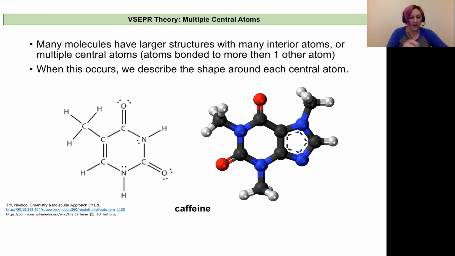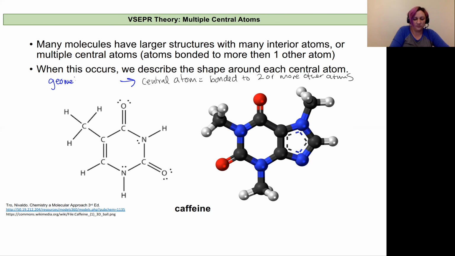When I say central atom, that really means bonded to two or more other atoms. And these are ones that we will assign a geometry to for each, rather than just one geometry name.